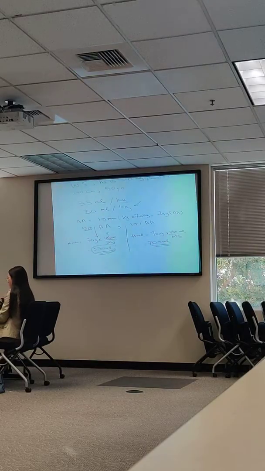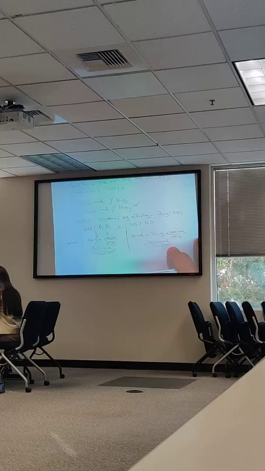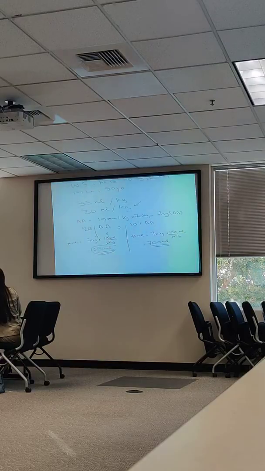But let me tell you something. The concentration of the protein is not going to change the amount of protein. The concentration of your fluid is not going to change the number of grams of dextrose or calories from lipid or grams from protein.